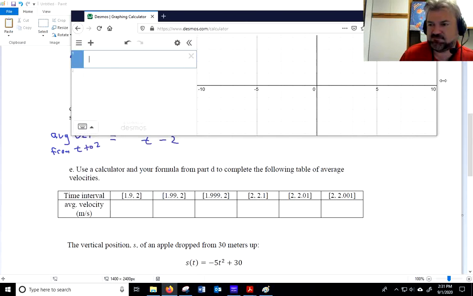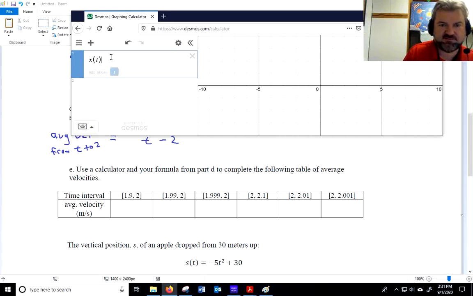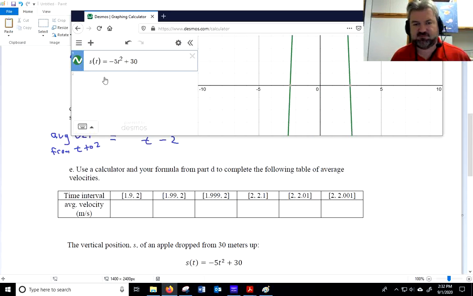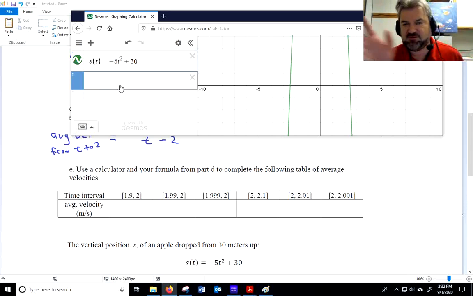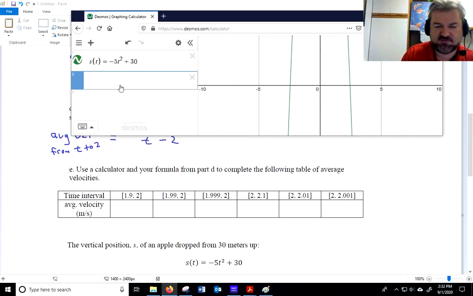And I'm going to make a function for s of t, which was negative 5t squared plus 30. I'm doing some kind of fancy function stuff on it in Desmos. You can just use it as a regular scientific calculator. You can be as fancy or not fancy as you want to be. That's perfectly fine.